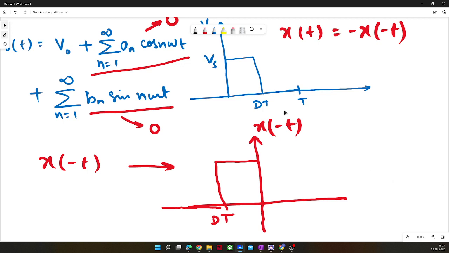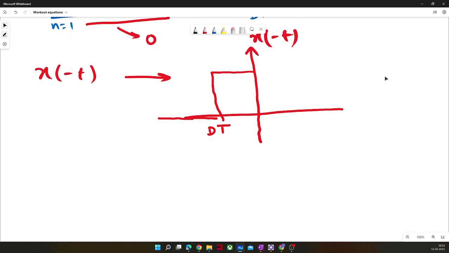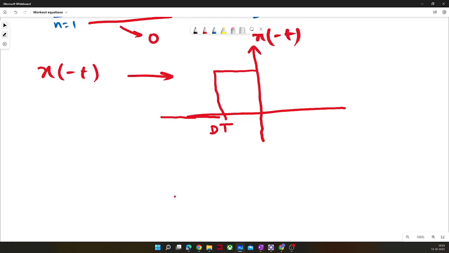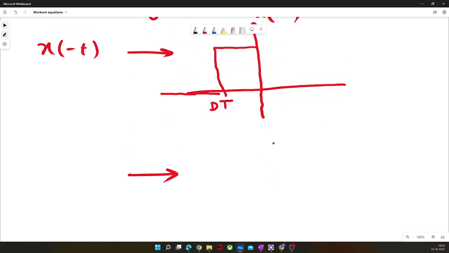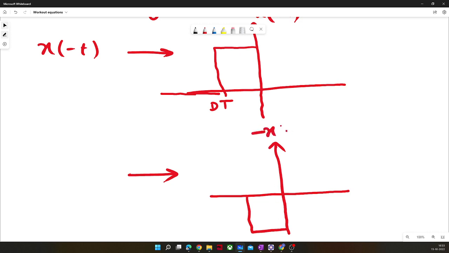Now I will reverse it. Are you getting my point? Do you agree? This will be minus x of minus t. Yes, sir. So it seems it is not an even function.